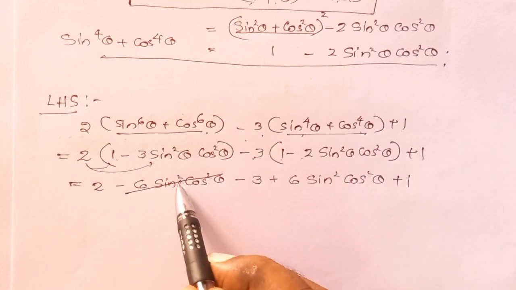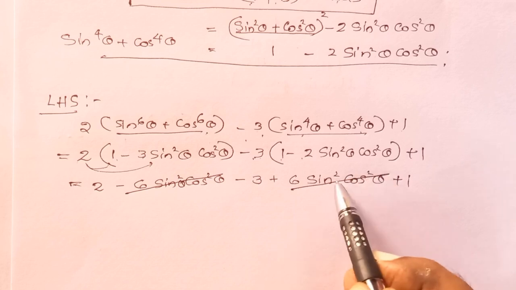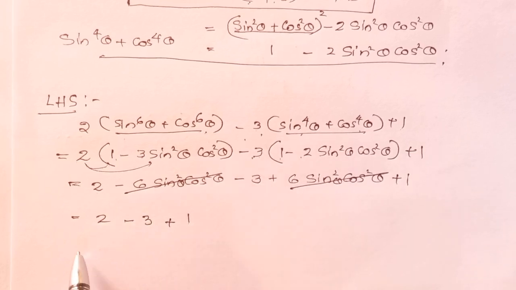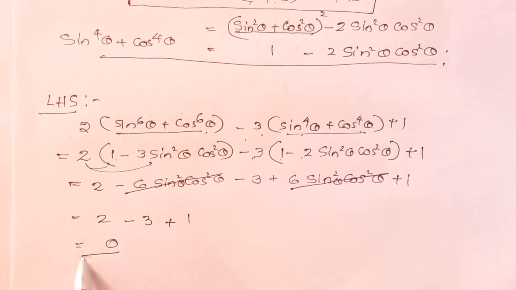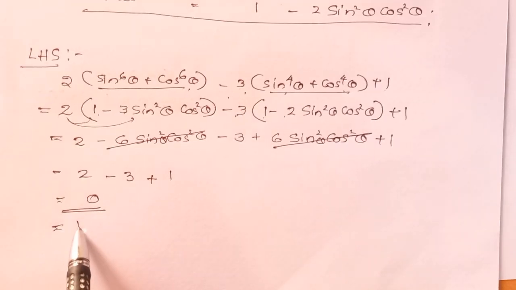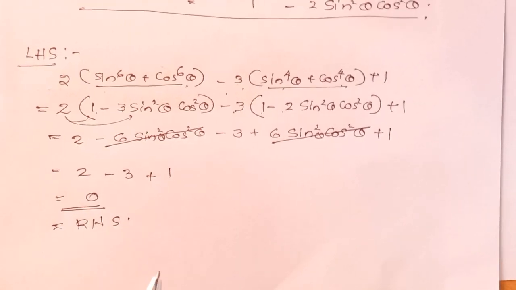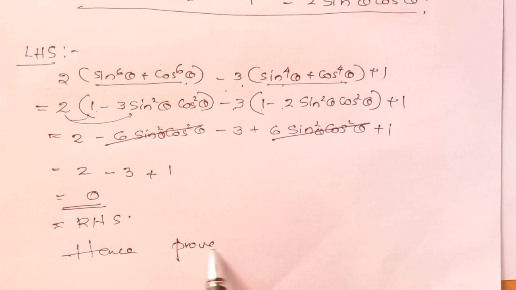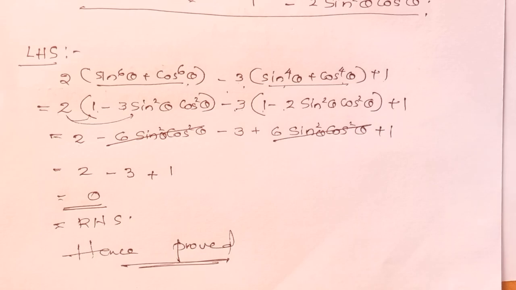Minus 6 sin square theta cos square theta and plus 6 sin square theta cos square theta get cancelled. Remaining we have 2 minus 3 plus 1. That's equal to 0, which is the right hand side of our question. So we get it as RHS. We can say hence proved. Thank you.